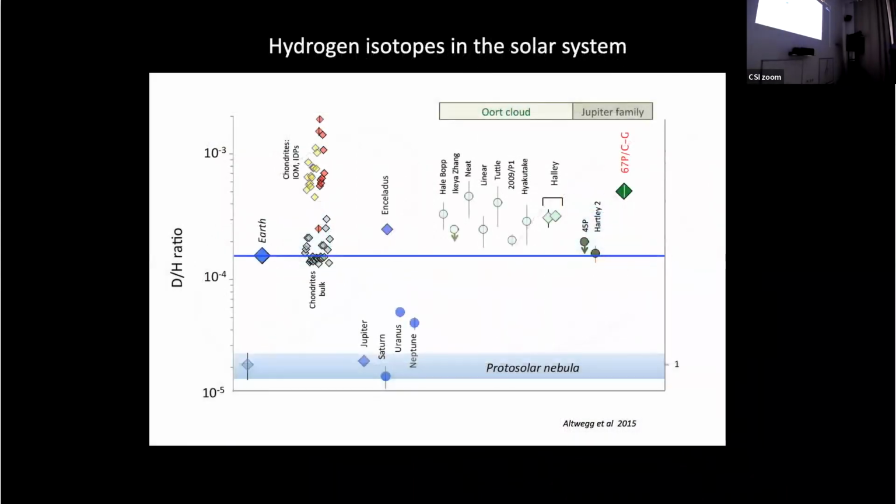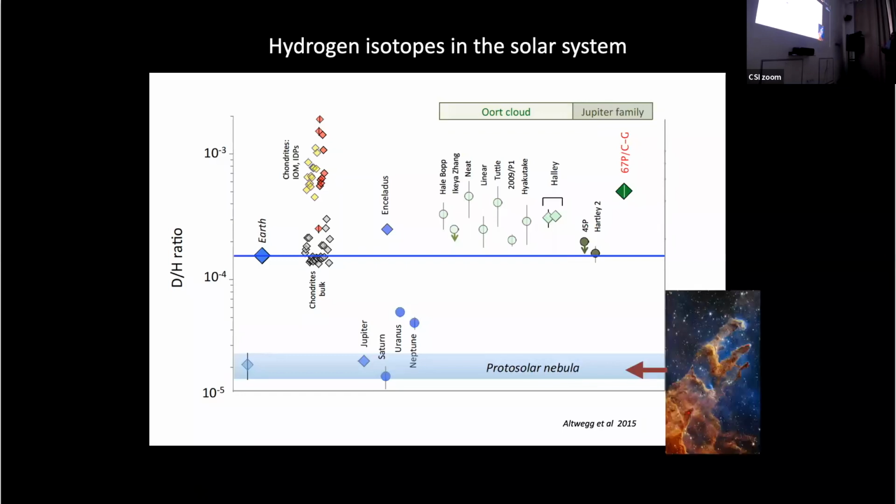All right, so to start with, these are the D/H ratios in the solar system, represented here. This is a paper by Catherine Albeck, with data from the comet 67P, and there are several remarkable features.